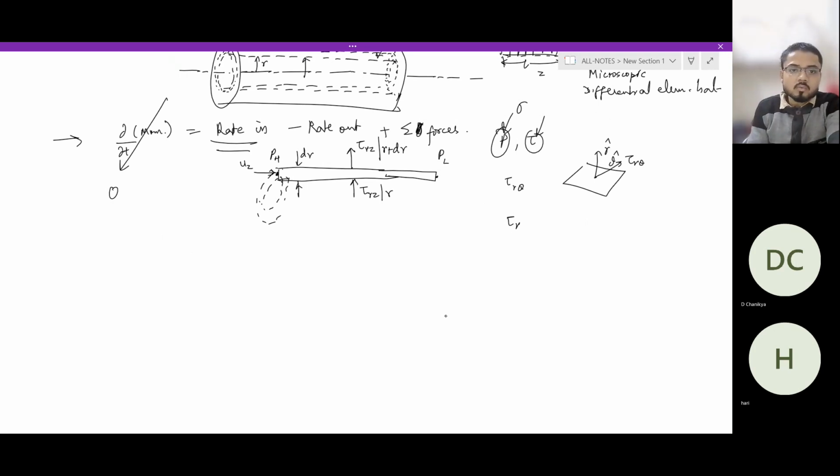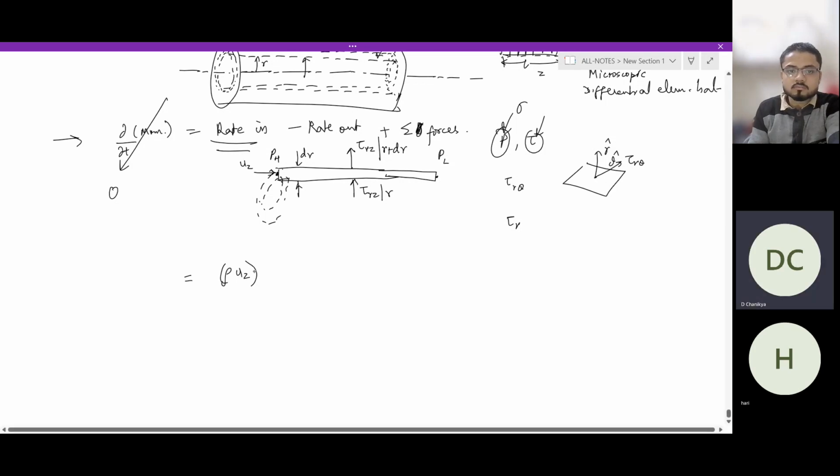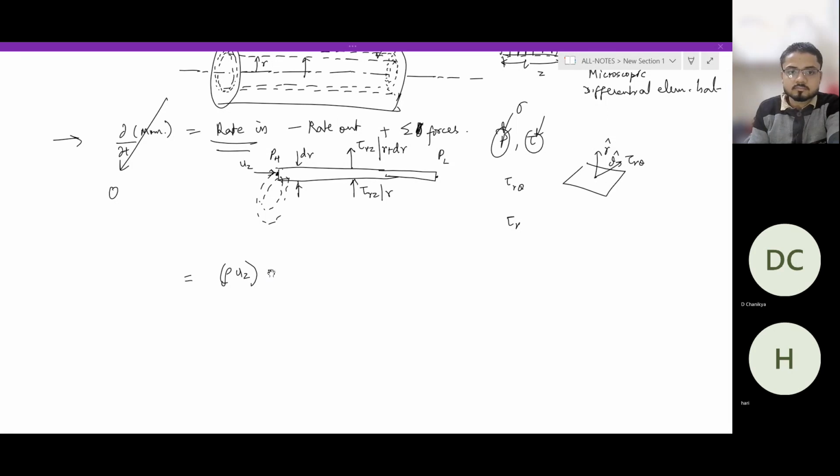So what is the rate of momentum that is entering this entire shell? Can we write it like this? Rho uz times 2 pi r dr. This is rho, this is u, this is A, right?